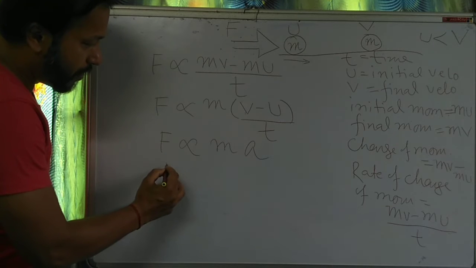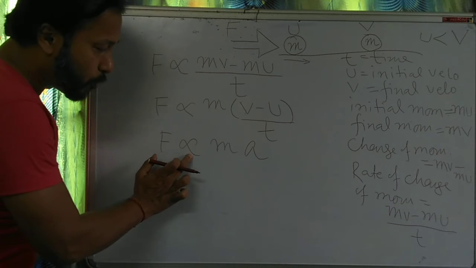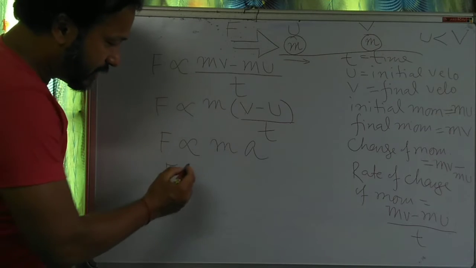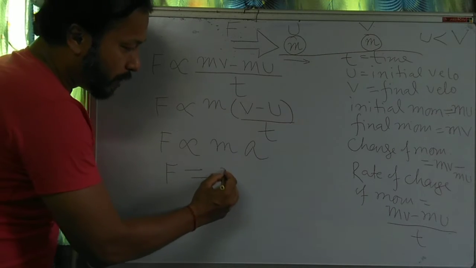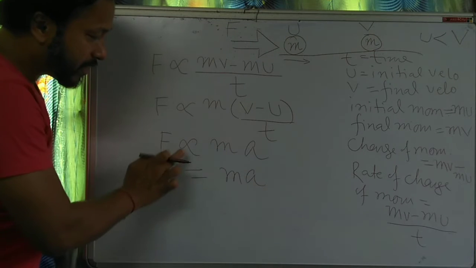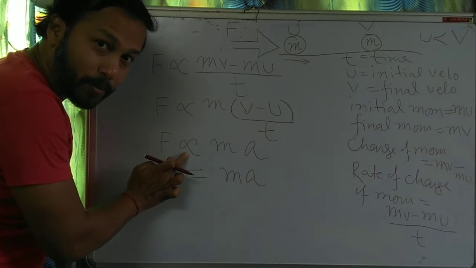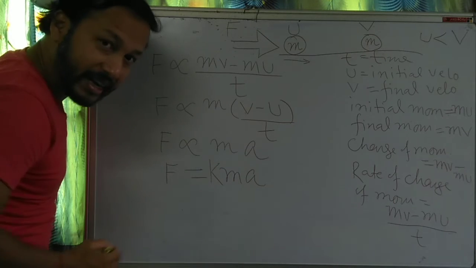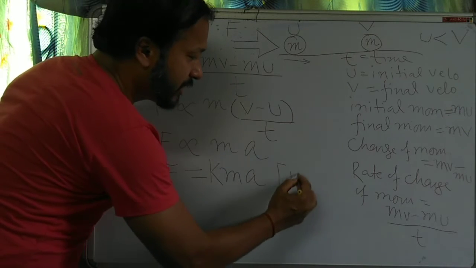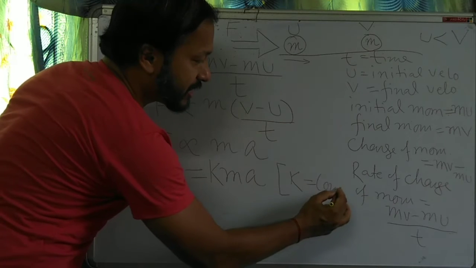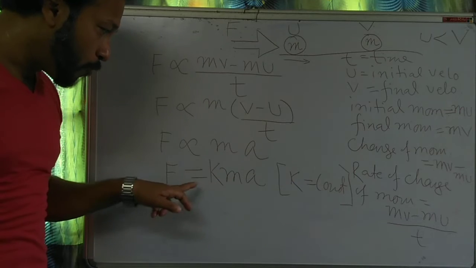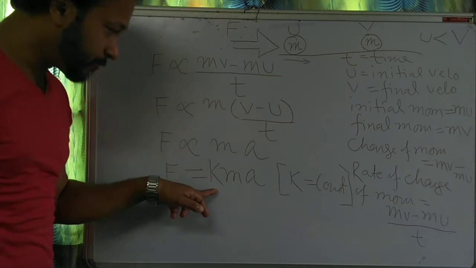Now, if this proportional sign will convert into equal sign, F equal to ma. But since we have converted this proportional sign into equal sign, so one constant will come, k. So we'll write k is constant. Got it? K is proportional constant.